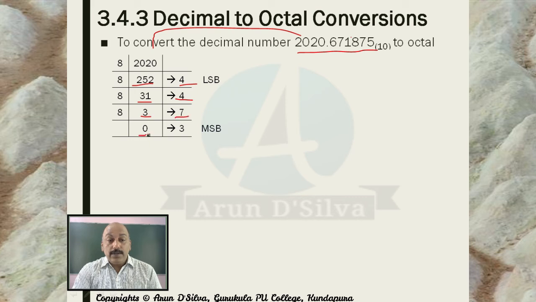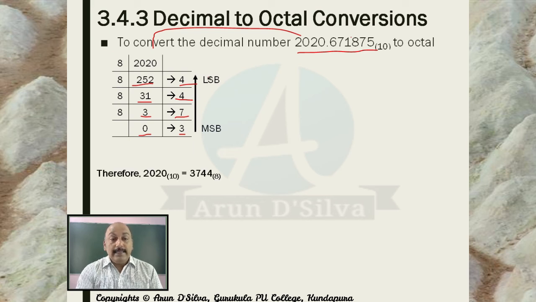Again if I divide, 0 quotient, 3 remainder. No further division. The last remainder is the MSB and the first remainder is the LSB, so we have to read from down to upwards. That means 220 in decimal is 3744 in octal. I have noted it down here. Correct?